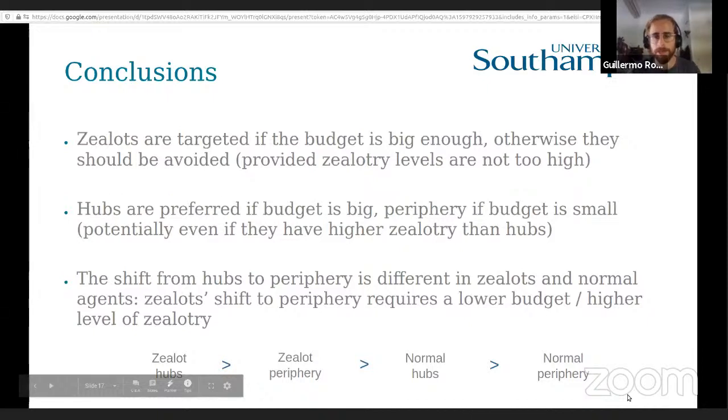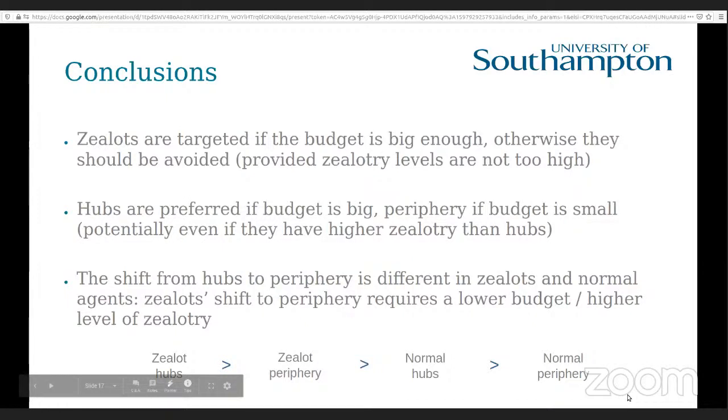In the case of whether to target zealots or not, we saw very similar results for the complete graph and the Barabasi-Albert network, so we expect there shouldn't be much difference there. I don't know if other specific networks with strong community structures and zealots placed in strategic places would show something different. But as long as the network is general enough, I wouldn't expect much difference.